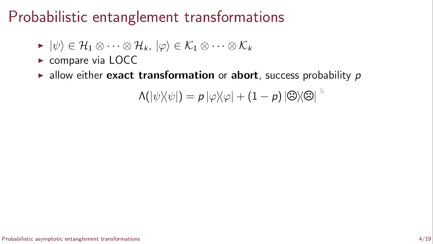What we assume is that this junk state is locally orthogonal to phi, so that it can be distinguished by LOCC perfectly from phi. So without loss of generality, we may think of this as a separable state that's locally orthogonal to phi, and we will not really care about this second part.